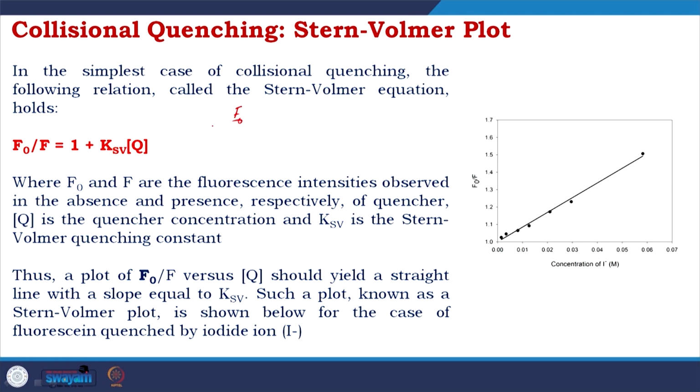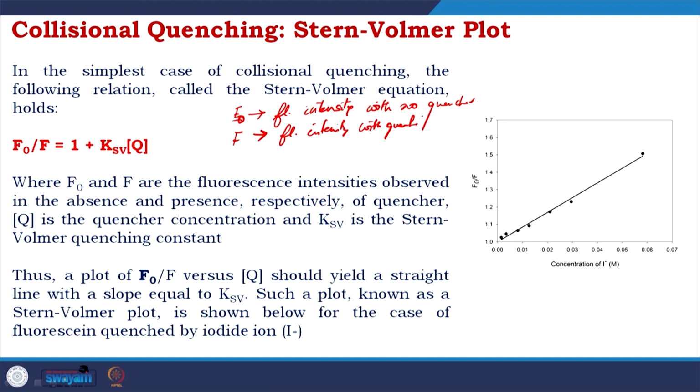So, here F0 is the fluorescence intensity with no quencher. F is the fluorescence intensity with quencher.